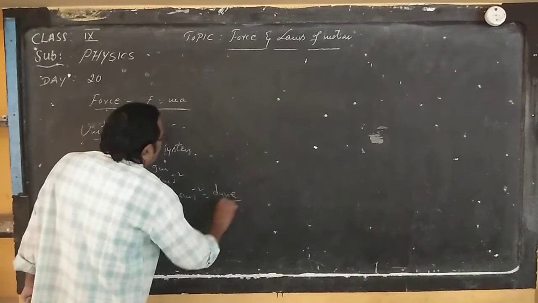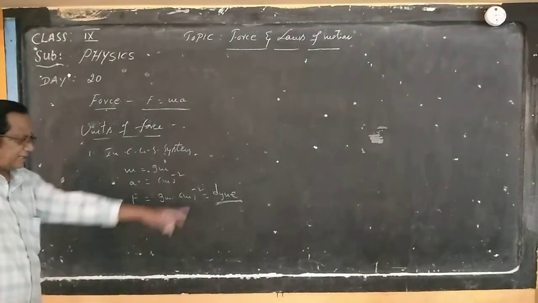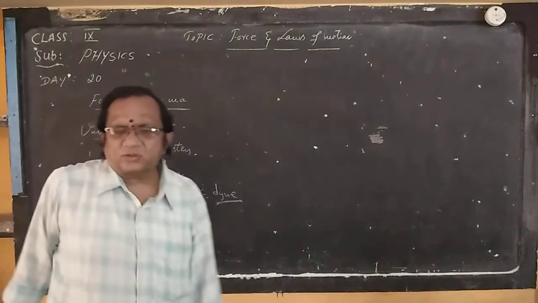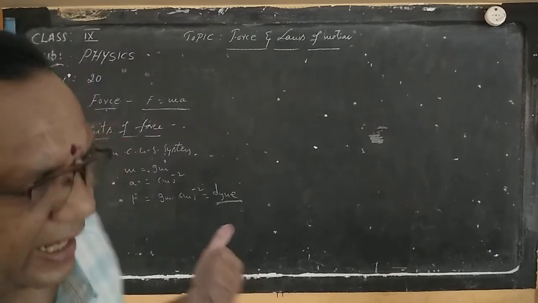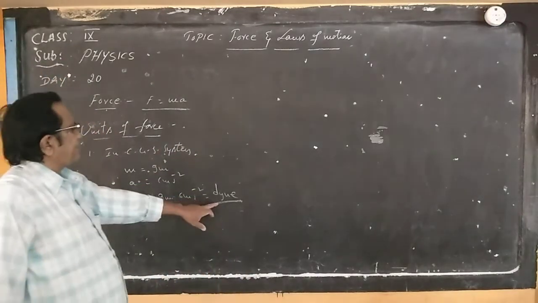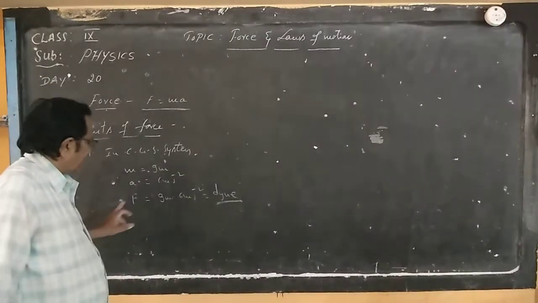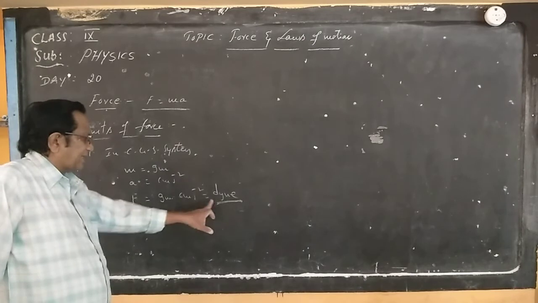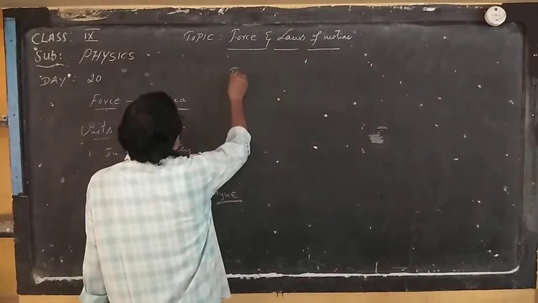So gram centimeter per second square is also equal to dyne. One dyne of force is a very, very small force. Then later I'll explain that. So 1 gram centimeter per second square is equal to 1 dyne in the CGS system.